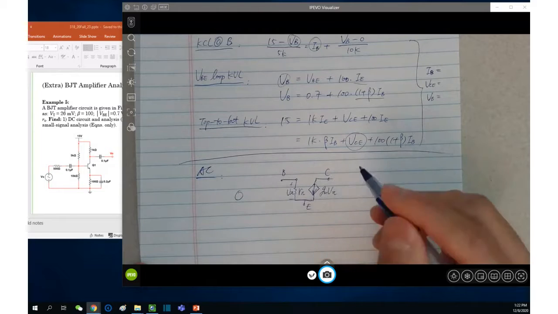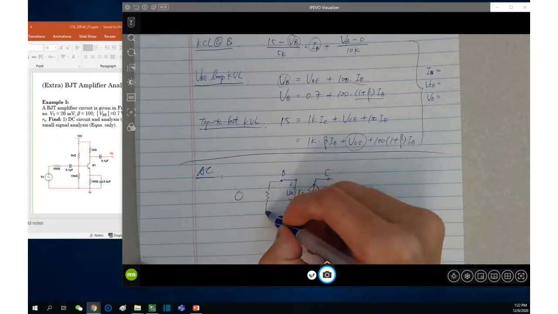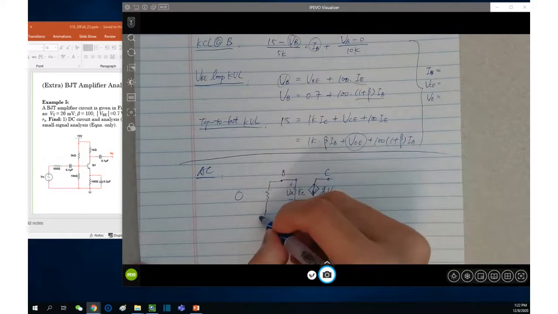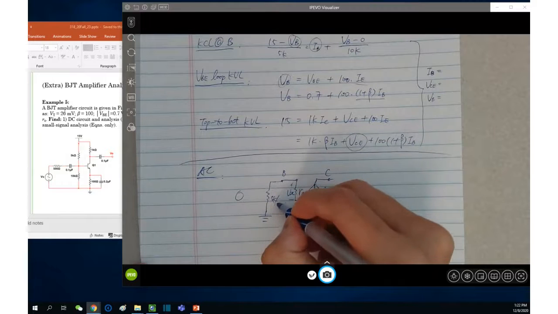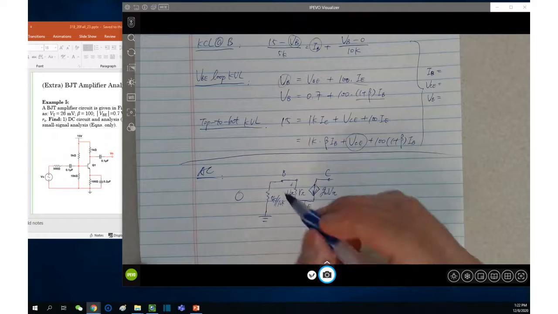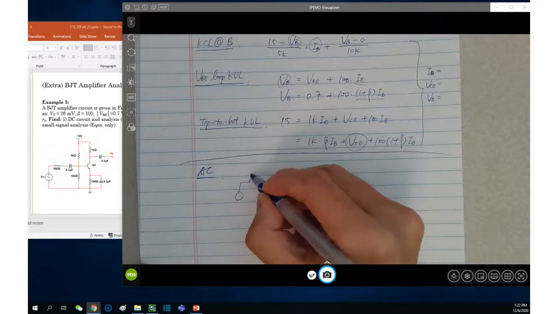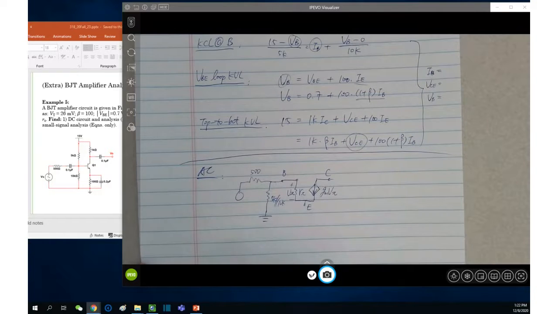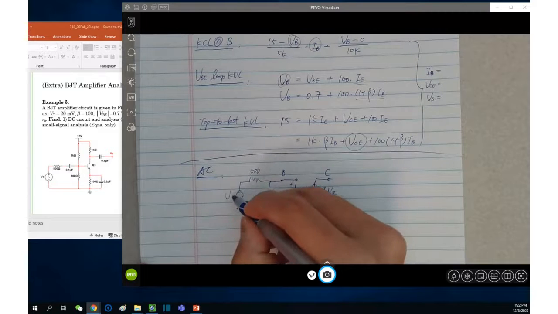And then we find the base. That's connecting to R1 and R2 parallel, 5K and 10K parallel, and also connect to a 500 ohm. And then is the V source.